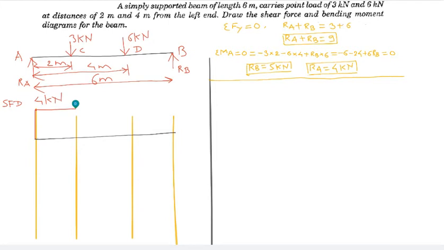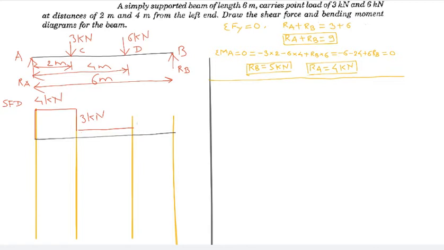At point C, 3 kilonewton force is acting, so you will go down with distance equal to 3 kilonewton. Then from point C to D, no intermediate forces are acting, so the diagram will remain horizontal. Then at point D, a downward force is acting with magnitude equal to 6 kilonewton.